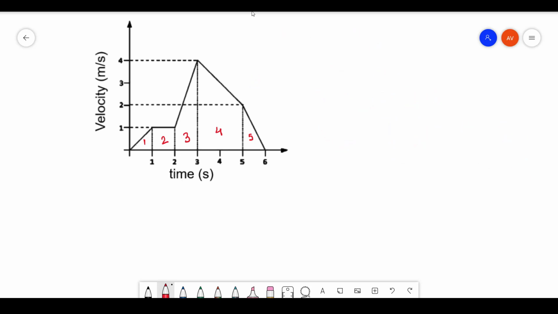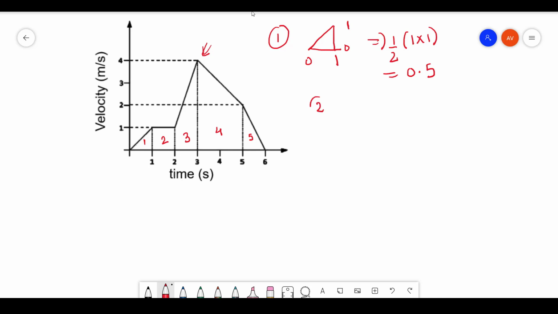So let's calculate that. I have divided the area under this curve, this dark line, into 5 parts. Now you are going to derive the area for each part. Part 1 is a simple triangle with coordinates 1, 0, 0, 1. So the area of this triangle is 1 into 1 into half, that is 0.5.